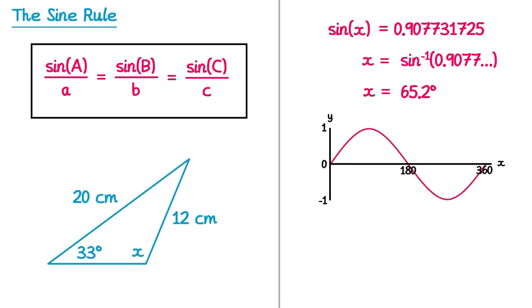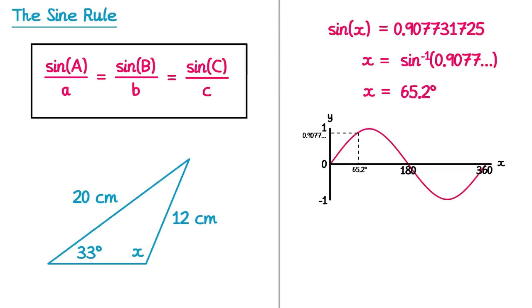Now when we end up with an answer of x equals 65.2 degrees, this is because if you mark on 65.2 degrees on the x-axis, go up to the graph of sine of x, and then read across, you get that value of 0.9077 and so on. Now if you look closely at the graph, there's actually a second value, another angle, that would give you this value too.